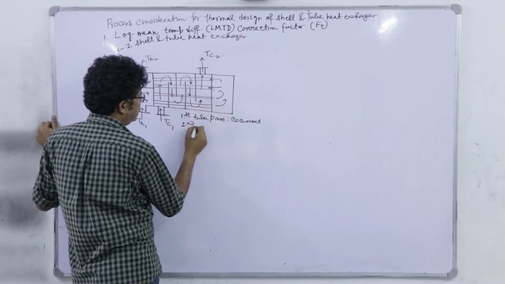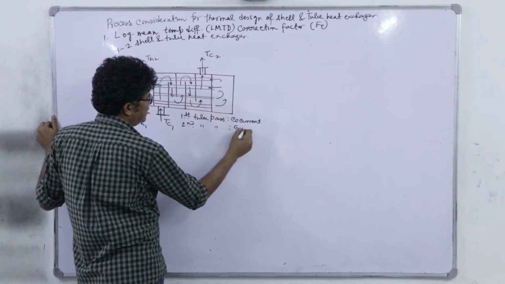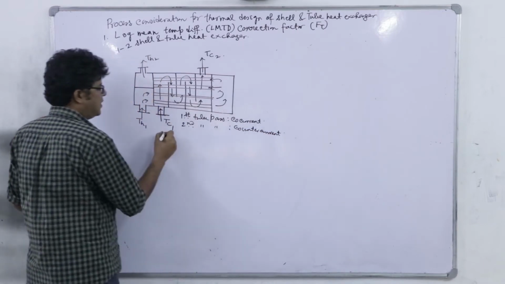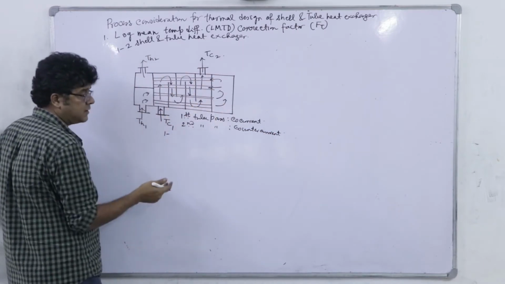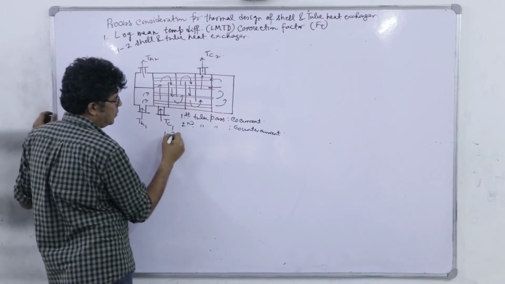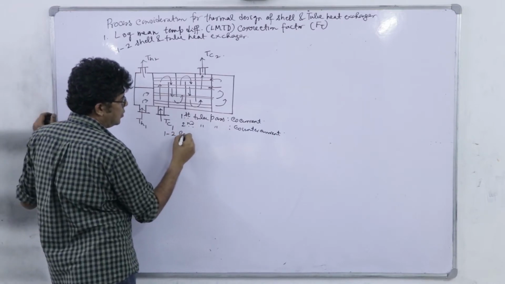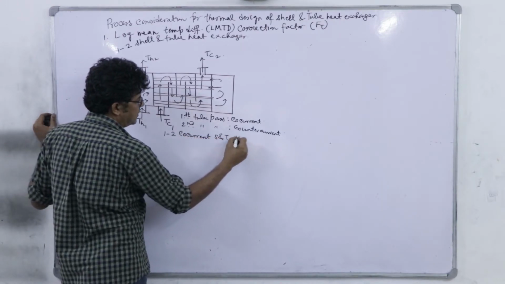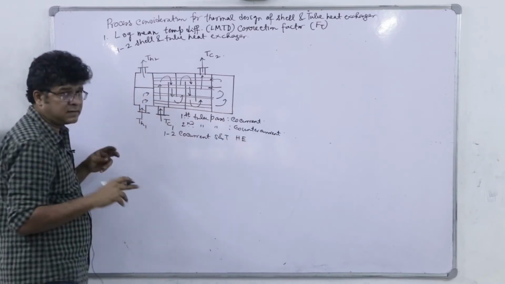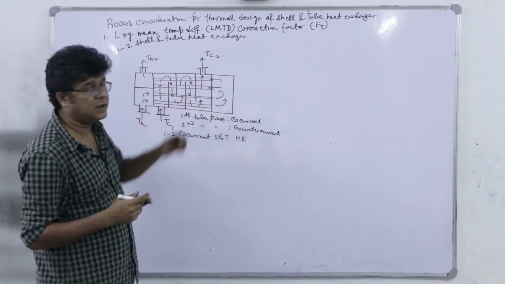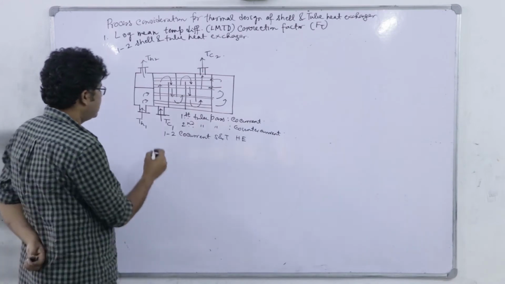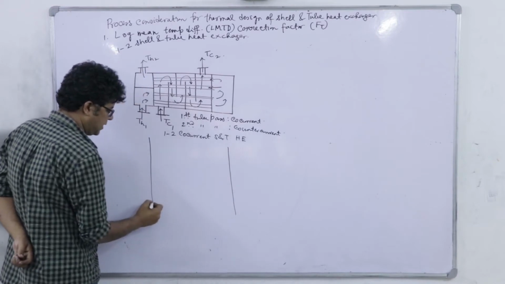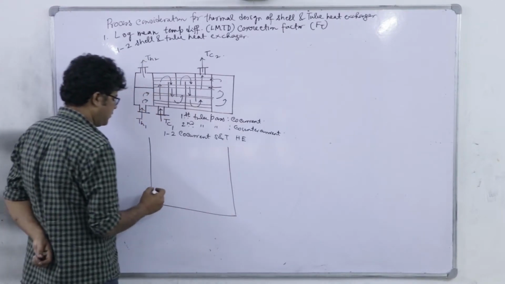So the second tube pass is countercurrent. And in order to differentiate from the other structure, we call this a 1-2 co-current shell and tube heat exchanger. Why? Because the name has been given based on the contacting pattern in the first pass. So what is the expected qualitative temperature profile of the tube and shell side fluid?